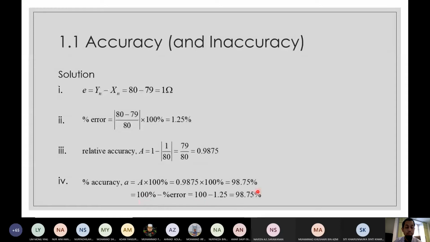You also get the same value, 98.75%. So this is the accuracy that we are talking about. The closer we are to the value of 100%, the more accurate our reading is. Okay, so the idea is to identify what our errors are and how to minimize them, which we will look into after this.